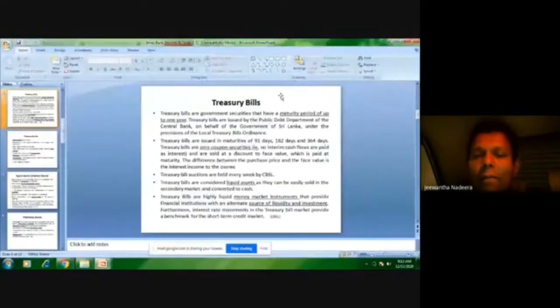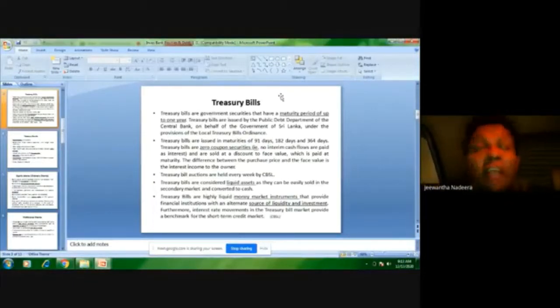And we have discussed that this is a liquid instrument. Anytime you can sell it. If you put in a 1-year treasury bill, I can sell it before it matures. There is a readily available market. Profit is a different issue, but you can sell it.